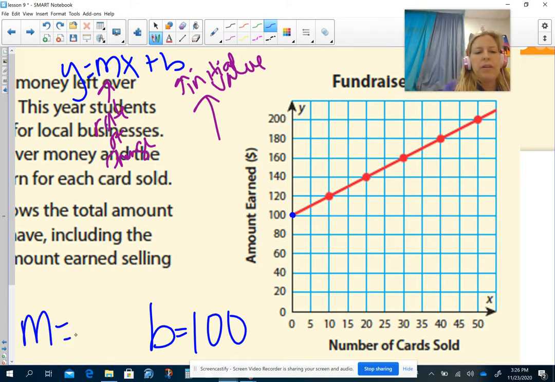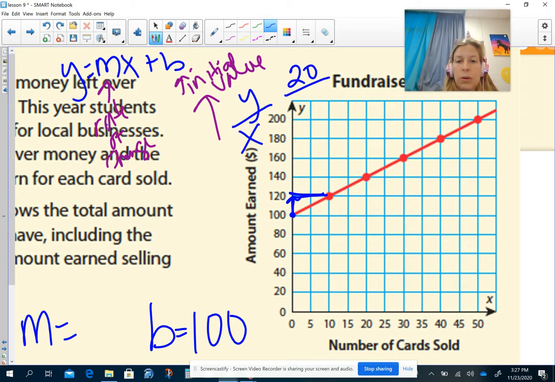Now let's talk about how we find the rate of change. Remember, my rate of change is rise over run. Okay, we went over that, and y'all been practicing that, right? Rise. So we're going to go rise from 100 to 120, which is 20. And then what happens when we go over? Y over x, so our y is 20, our x is, be very careful, we look down here, okay?